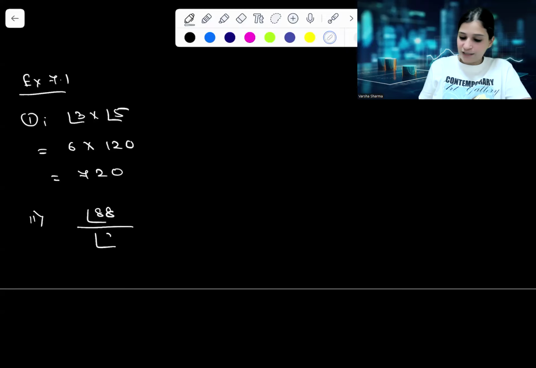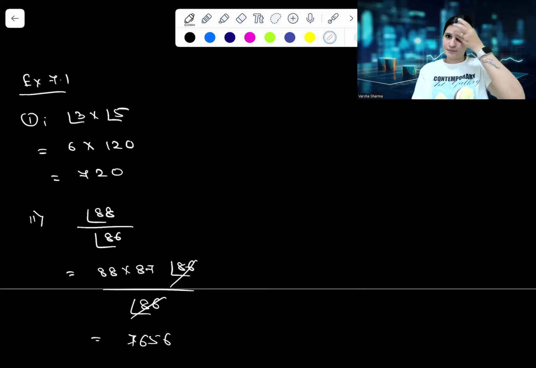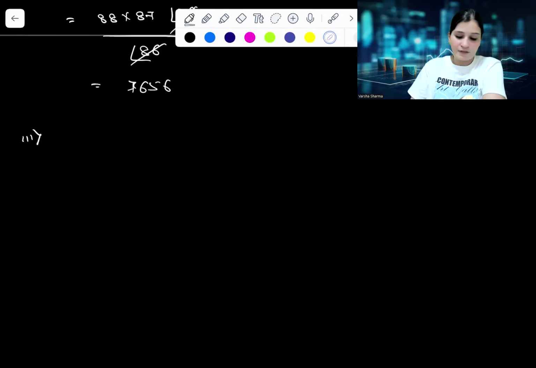Factorial 88 upon factorial 86. So we open the larger factorial till we get 86. So 88 into 87 into factorial 86. Answer 7656. Does it match? Yes, ma'am.